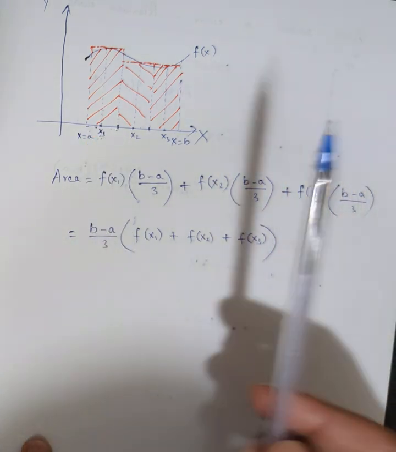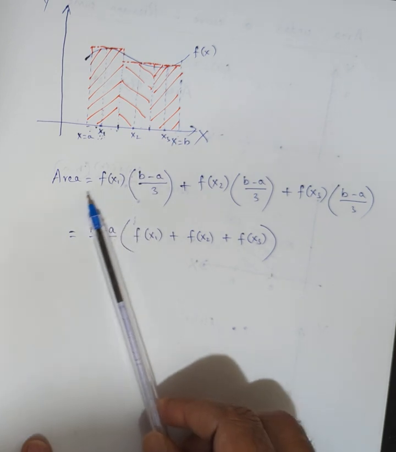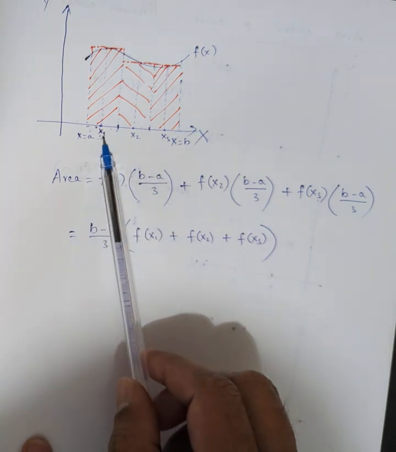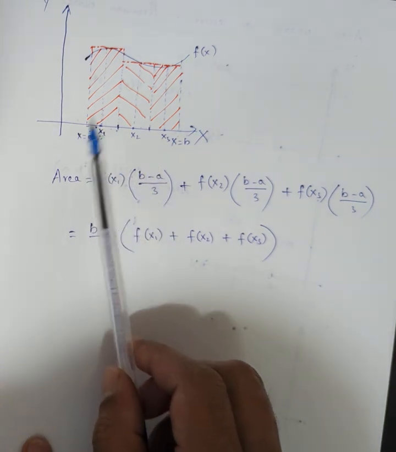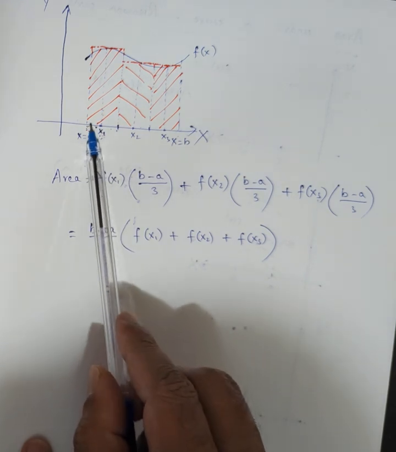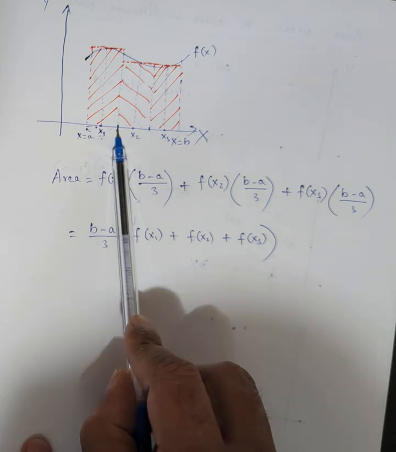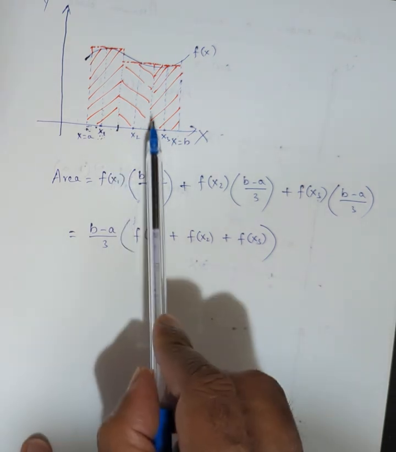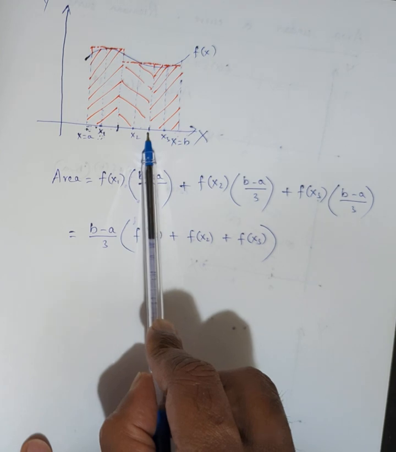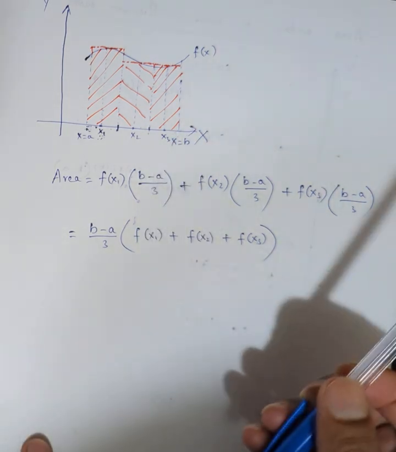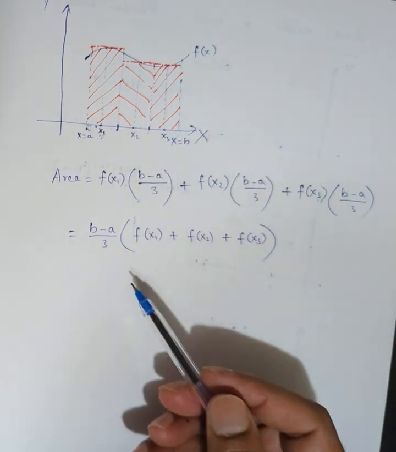Now, sometimes the problem might say find the left Riemann sum, which means the representative point is at the left endpoint. So x1 would be at the left endpoint of the first subinterval, x2 at the left endpoint of the second subinterval, x3 at the left endpoint of the third subinterval, and so on.